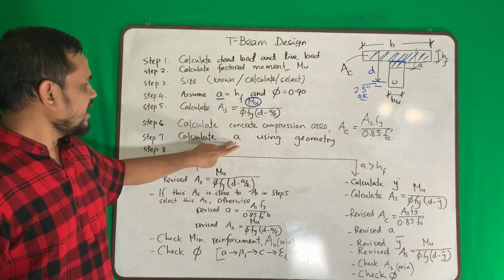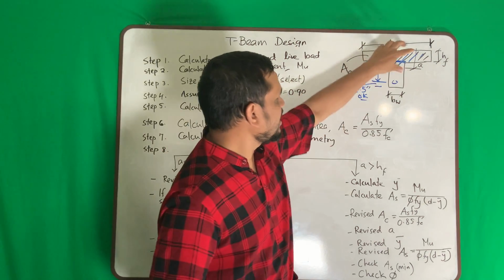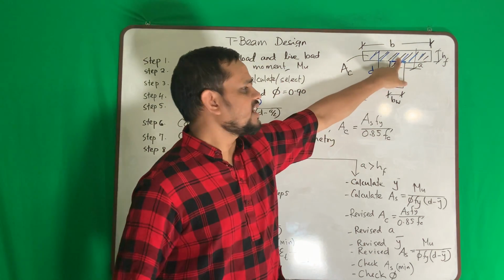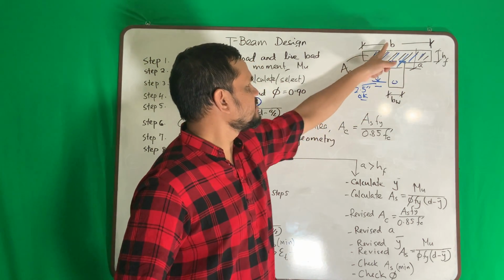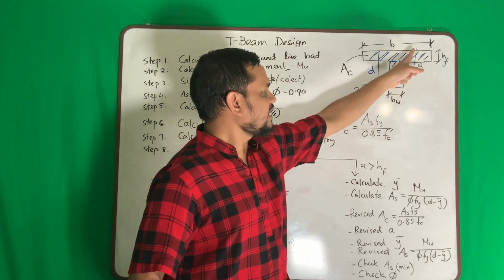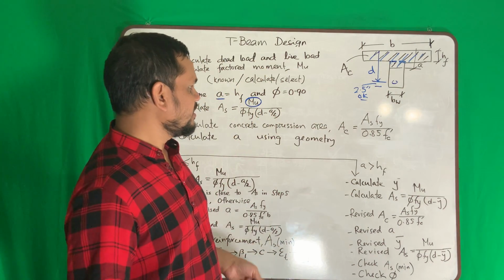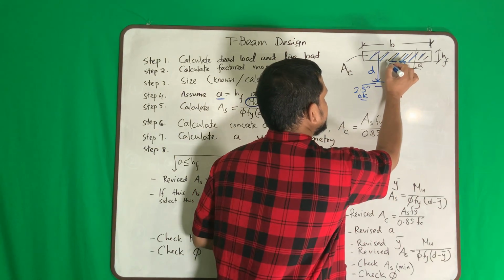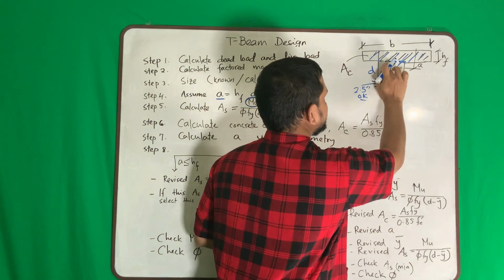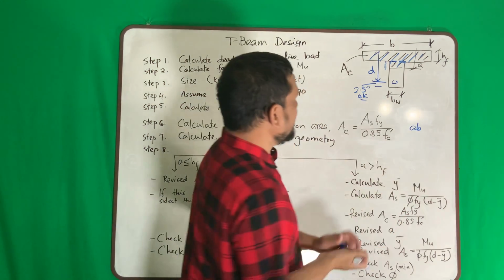Then calculate a using geometry. Can you do this? If you know the area here is, say, 200 square inches, and you know this width B, can you calculate a? Of course, there is no reason that you cannot.